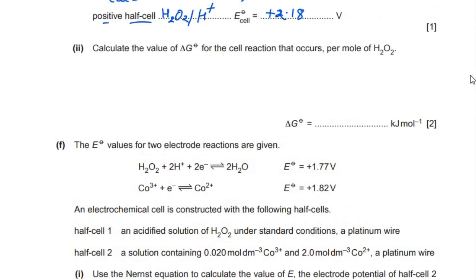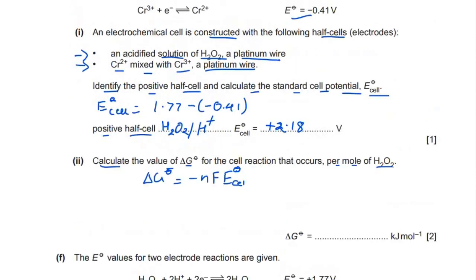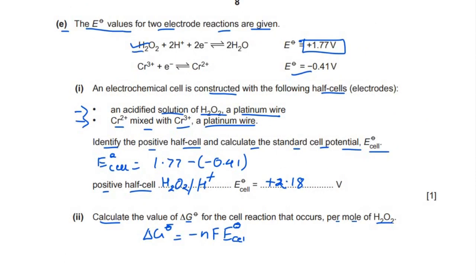And the next is calculate the value of delta G for the cell reaction that occurs per mole of hydrogen peroxide. The formula to calculate delta G is minus nFE cell value, and we know F is Faraday's constant, that is 96500. n is the number of moles of electrons that should pass through the circuit.